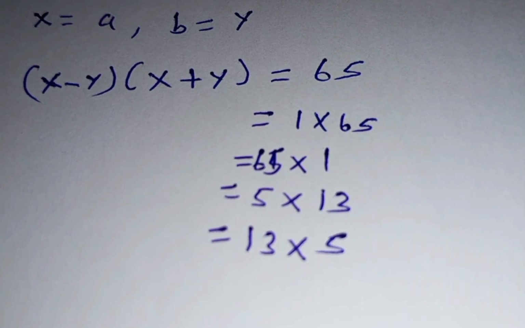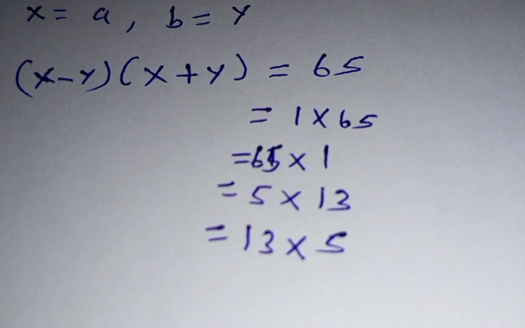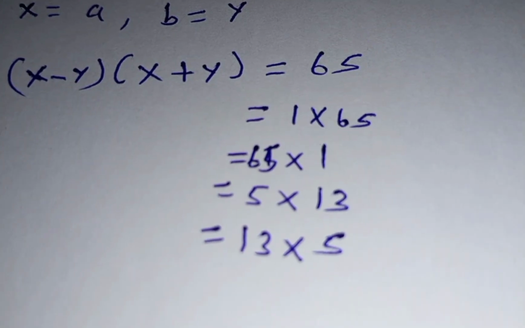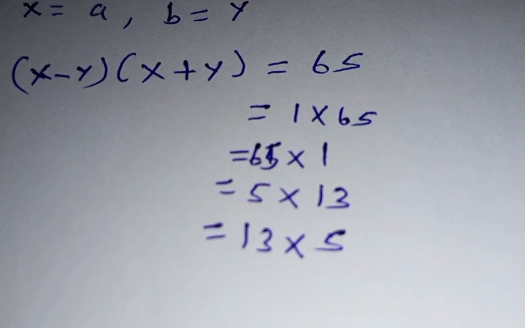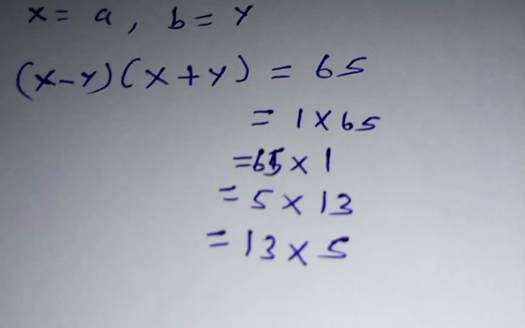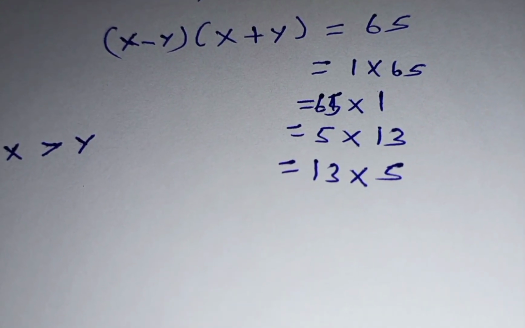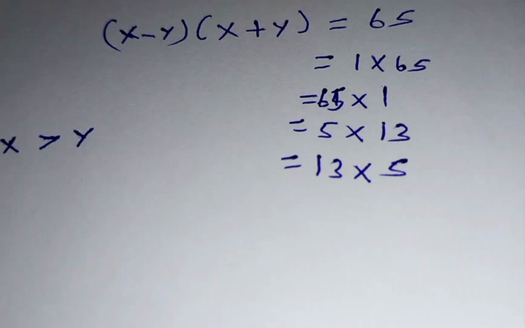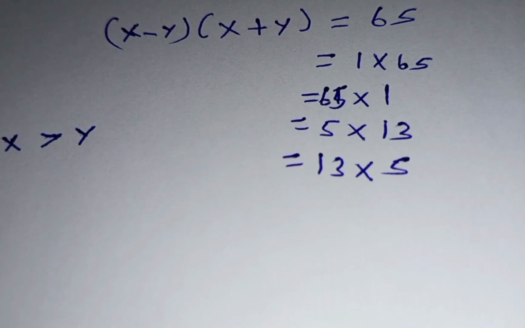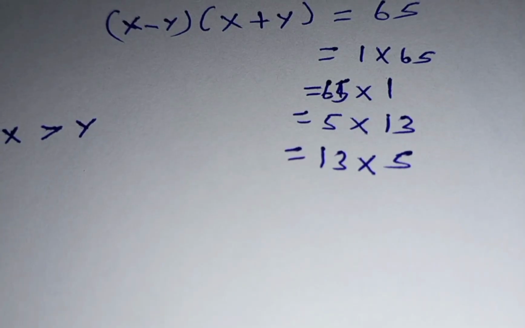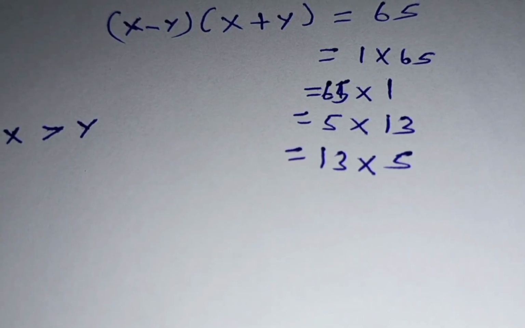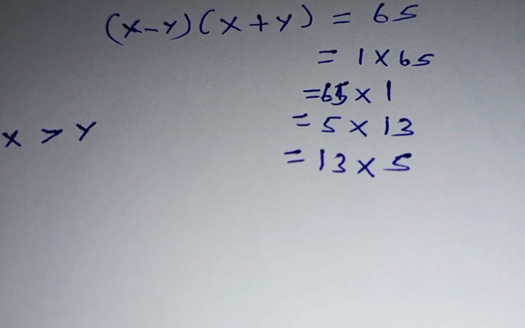In this case, we consider the case where the first number is greater than the second number. So x should be greater than y. We have two possibilities: 65 multiplied by 1 and 13 multiplied by 5.